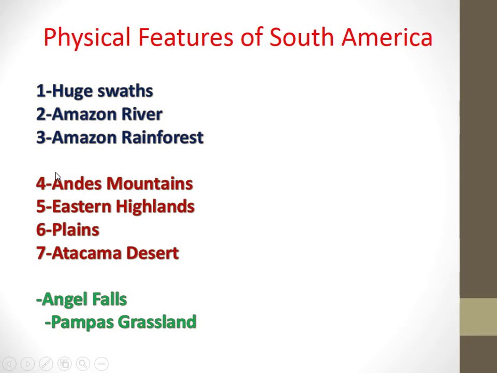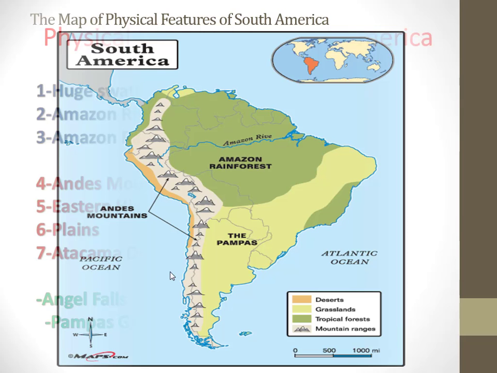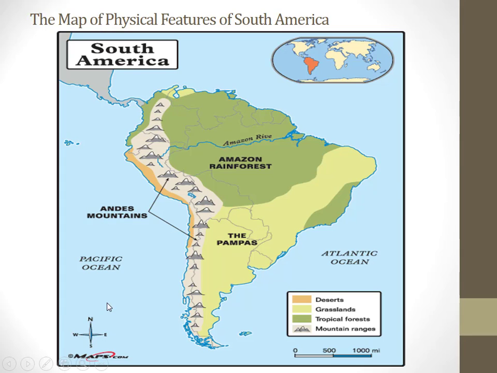And also now we'll talk about the things in red: Andes Mountains, Eastern Highlands, Plains, Atacama Desert. And don't forget, we talked before about Pampas Grassland and about Angel Falls, right? So again now, South America, you have Amazon rainforest, Amazon River, here it is, Pampas Grassland in the south and the southeast.